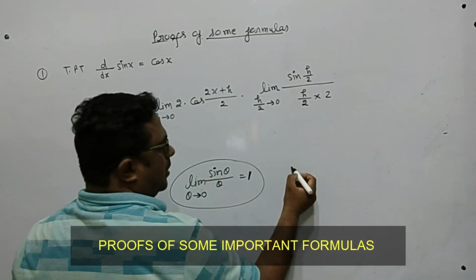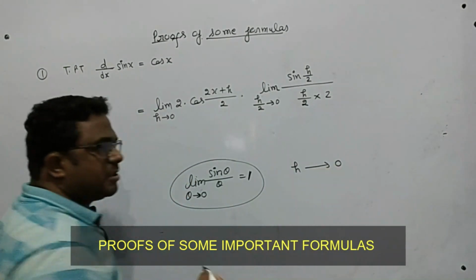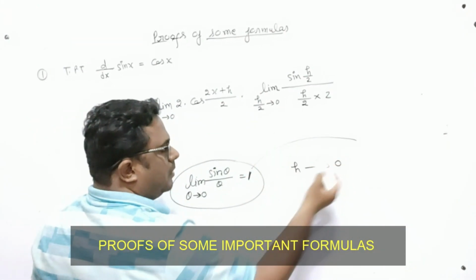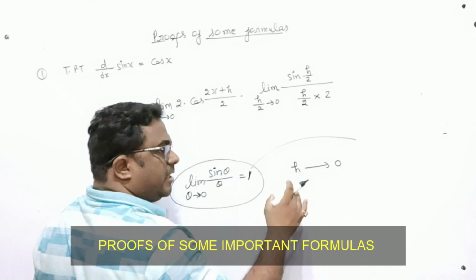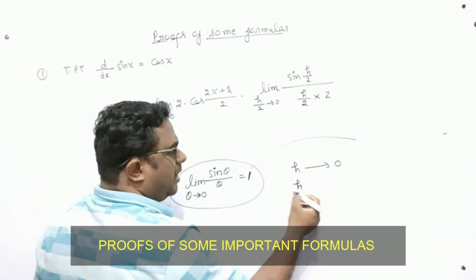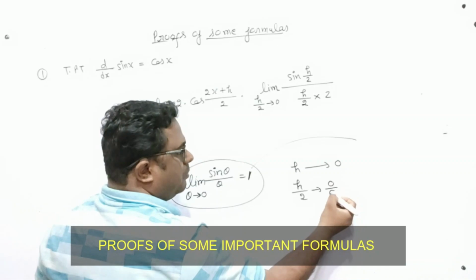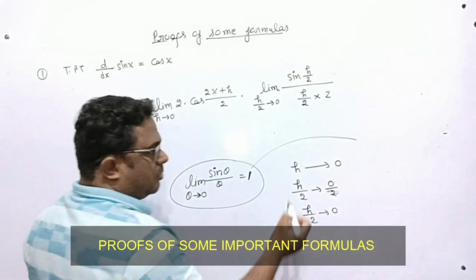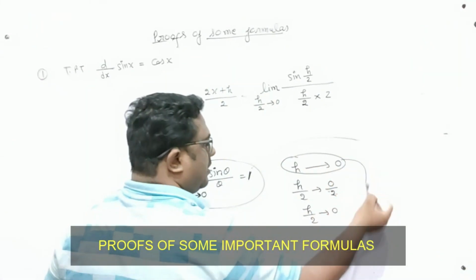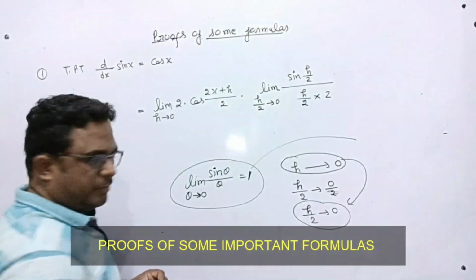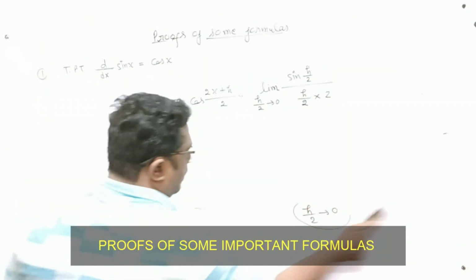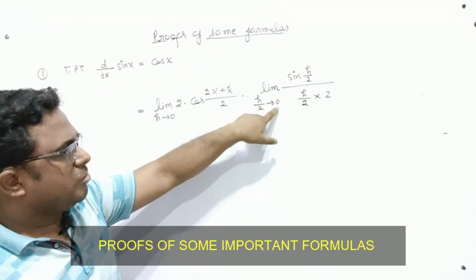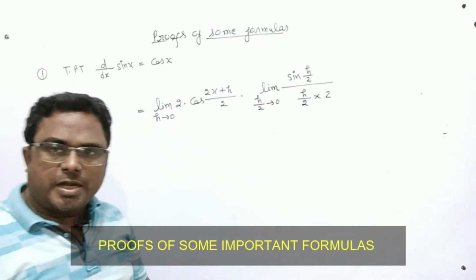Now what happened? If h tends to 0 and I say divide both sides by 2, it is rough work, then h by 2 tends to 0 by 2, and 0 by 2 means 0. So h tending to 0 can easily be converted into h by 2 tending to 0. It was initially h tending to 0, but after modification it is h by 2 tending to 0.